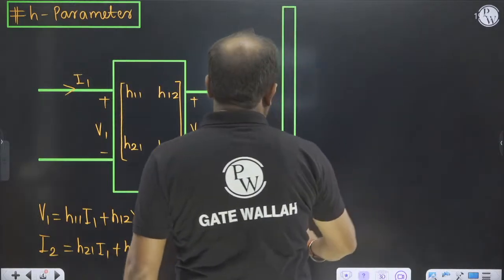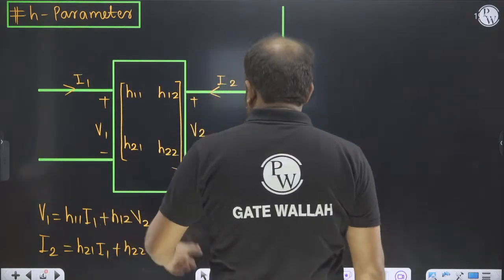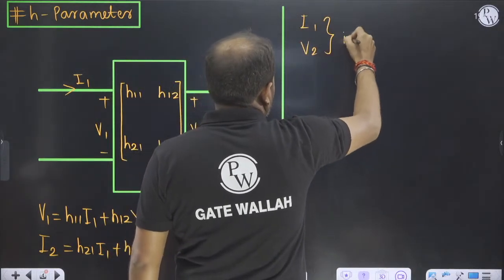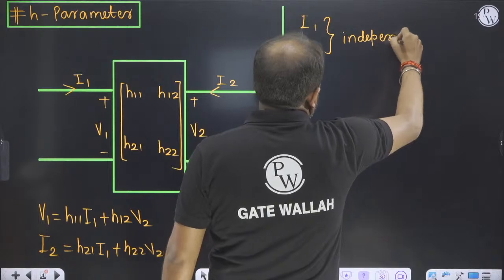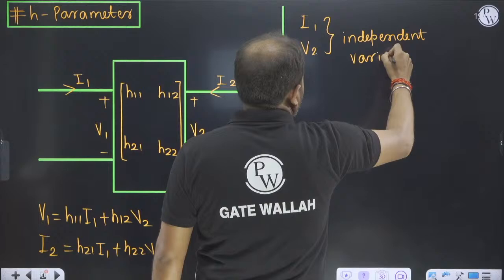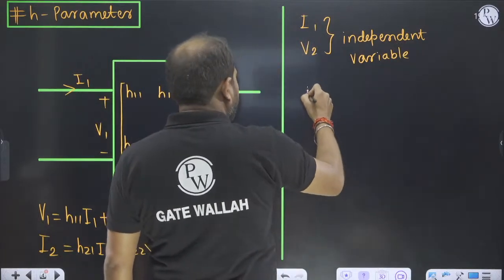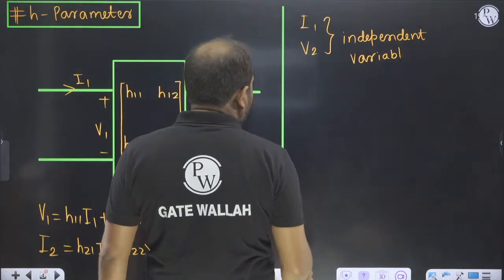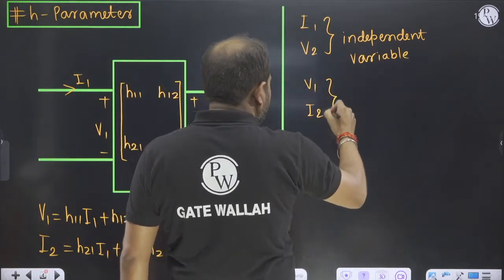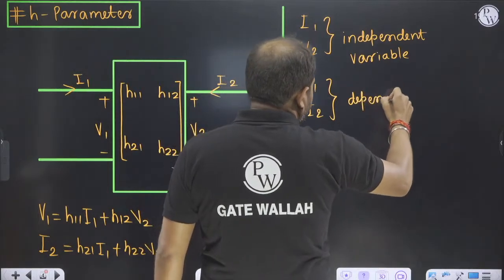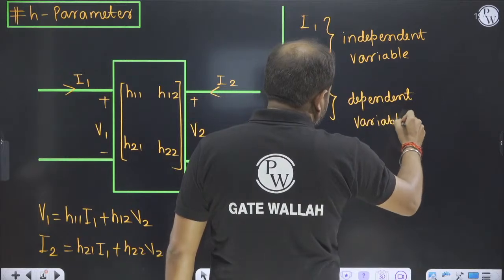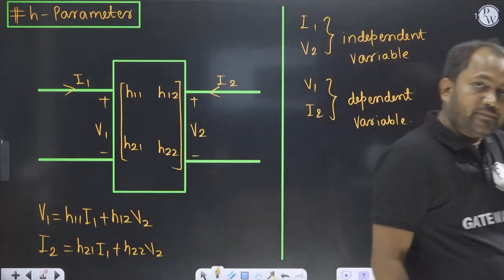So here the independent variables are I1 and V2, and the dependent variables are V1 and I2. These are the points.